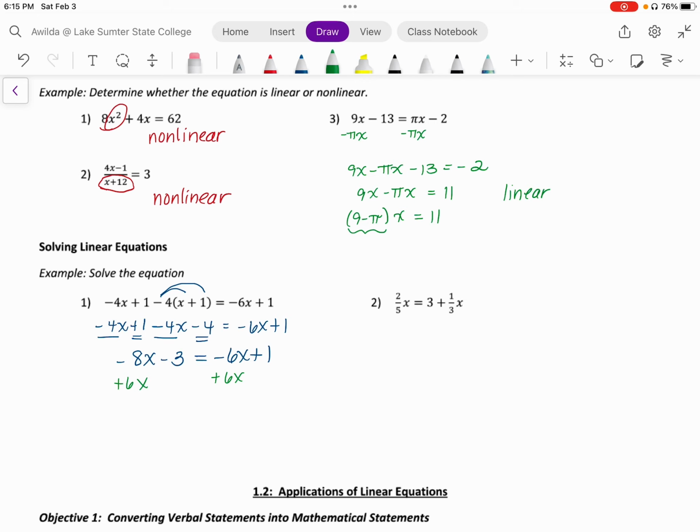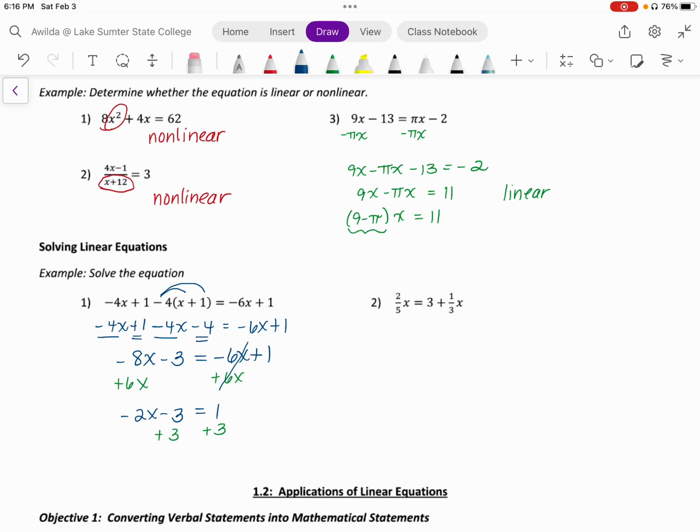We certainly could have added 8x to both sides to get the x terms on the right. So you do have a choice there. Negative 8x plus 6x is negative 2x. Then we have minus 3 equals, notice that these two now add up to 0, so we just have 1 on the right-hand side. Next, we're going to group the constant terms on the right-hand side, and so I am going to add 3 to both sides.